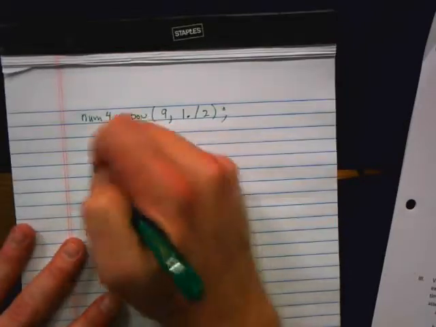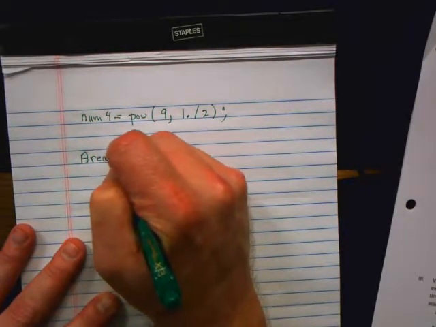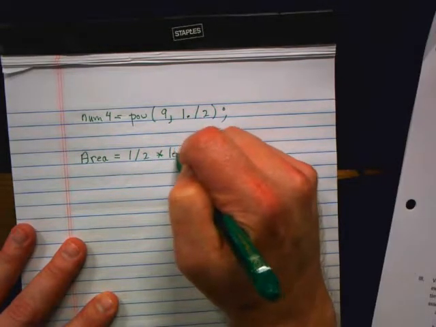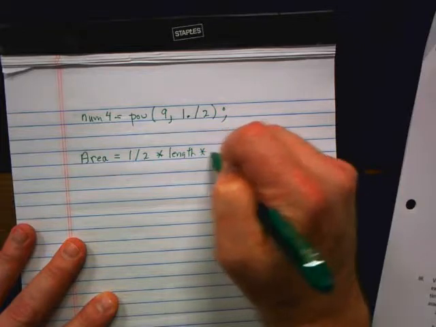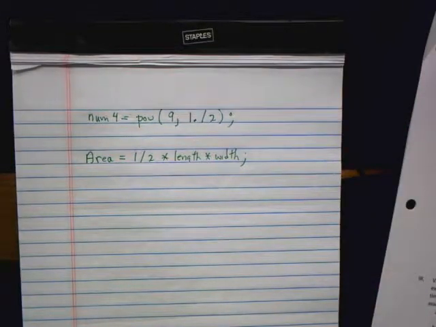I'll see it in things like this too. Finding the area of a triangle, people will write area equals 1 divided by 2 times length times width. And the computer will always tell them the answer is 0. Why will the computer always tell them the answer is 0?